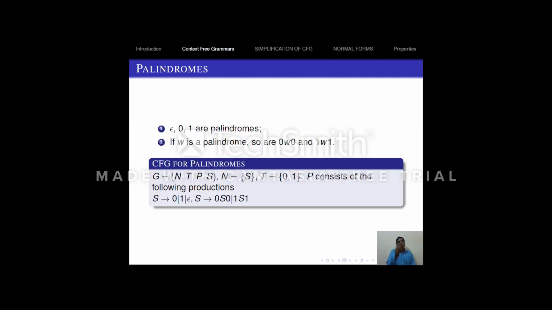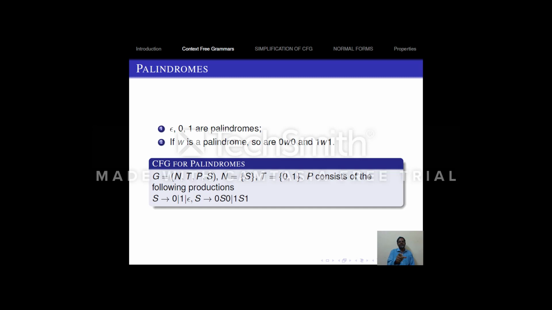And coming to the famous problem on palindromes. We want to design a grammar which will generate palindromes. Palindromes are defined recursively as follows: epsilon, 0, 1 are palindromes. And if W is a palindrome, then 0W0 and 1W1 are palindromes. That is, when you read from left to right and right to left, I should get the same word.